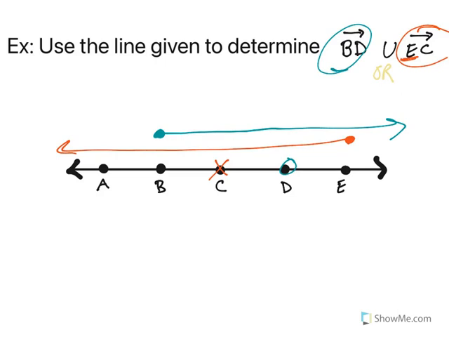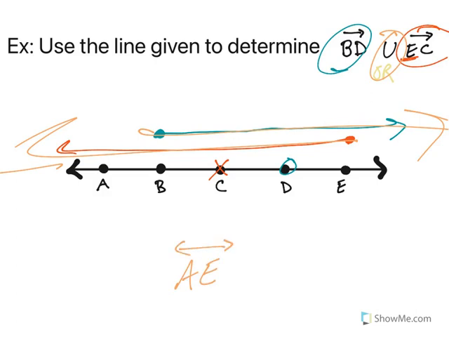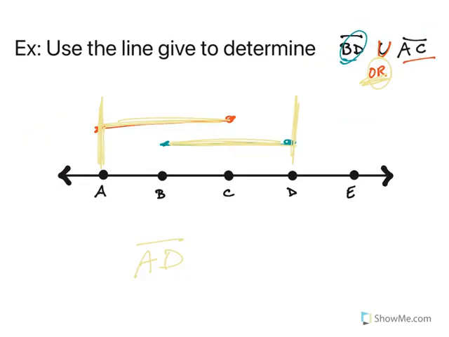What do you notice? It's everything. Because we're talking about or, we have everything going left and everything going right. So ray BD union ray EC is really just the entire line AE. And I believe that's it. Sure is.